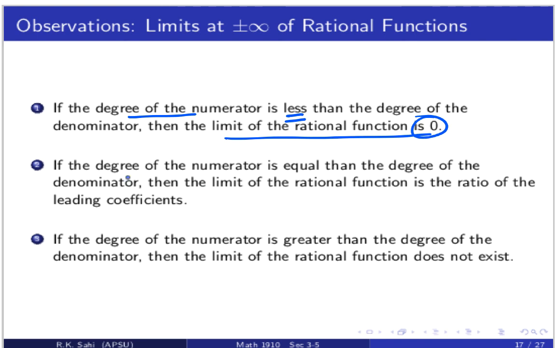On the other hand, if the degree of the numerator is equal to the degree of the denominator, then the limit of the rational function is the ratio of the leading coefficients. And third, if the degree of the numerator is greater than the degree of the denominator, then the limit of the rational function does not exist. Remember, we get plus minus infinity as the answer. We did that earlier too.